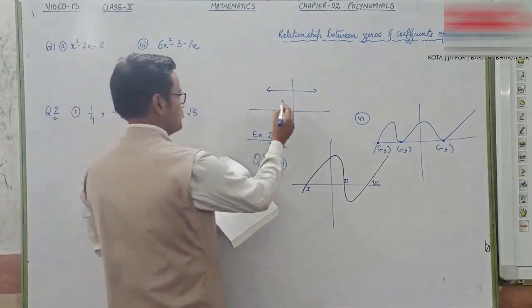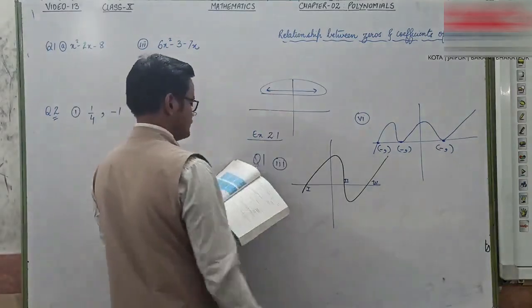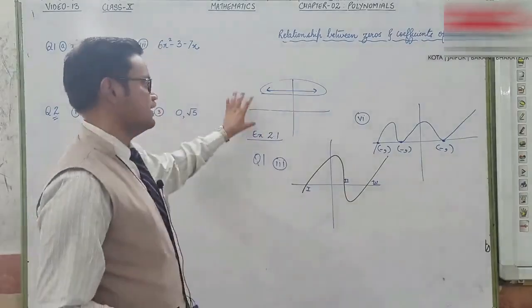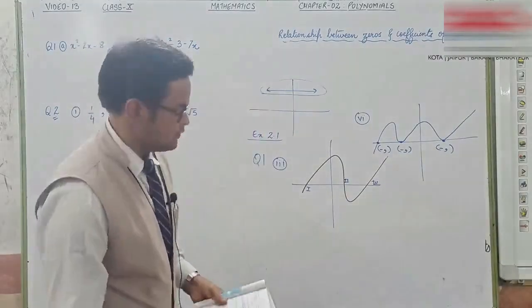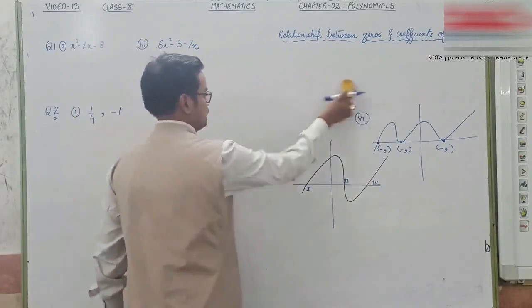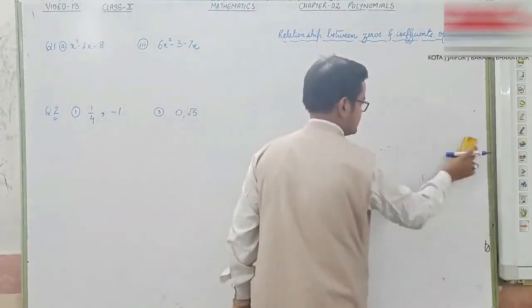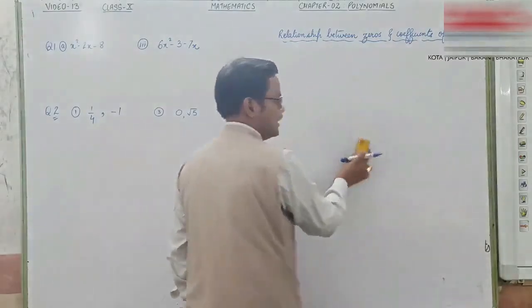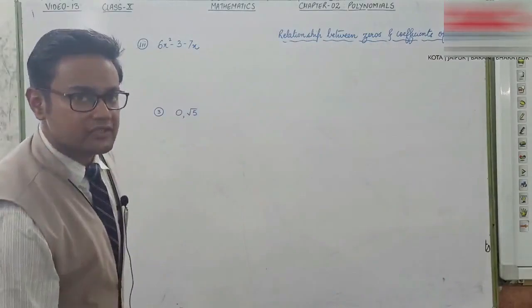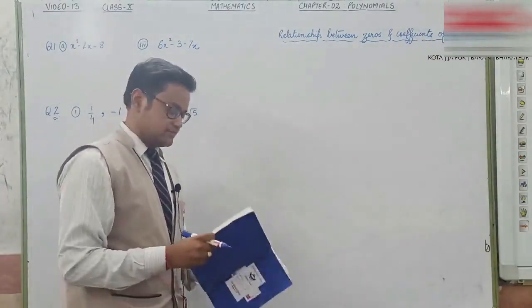So the number of zeros of this polynomial is 0 because it never touches the x-axis. What are zeros? Zeros are the abscissa of the points of intersection of the graph with the x-axis.